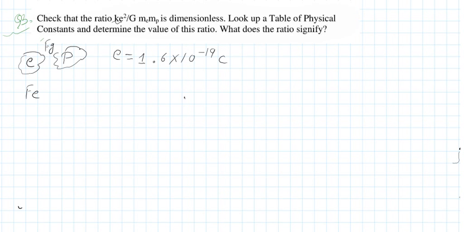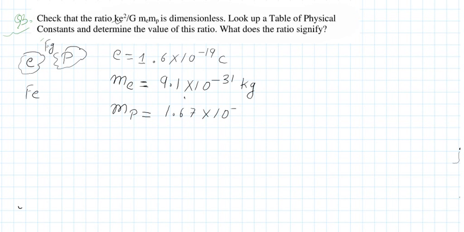Now the mass of an electron is 9.1 into 10 the power minus 31 kg. This is the mass of the electron. Here Mp, the mass of a proton, is 1.67 into 10 the power minus 27 kg.